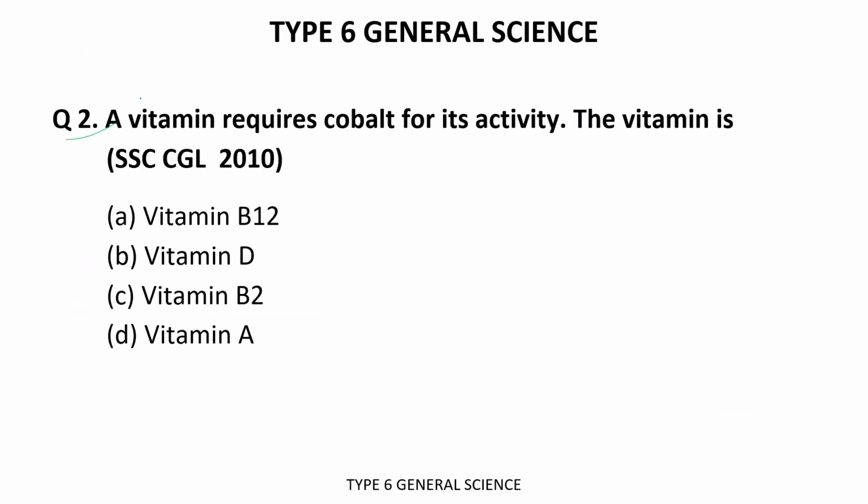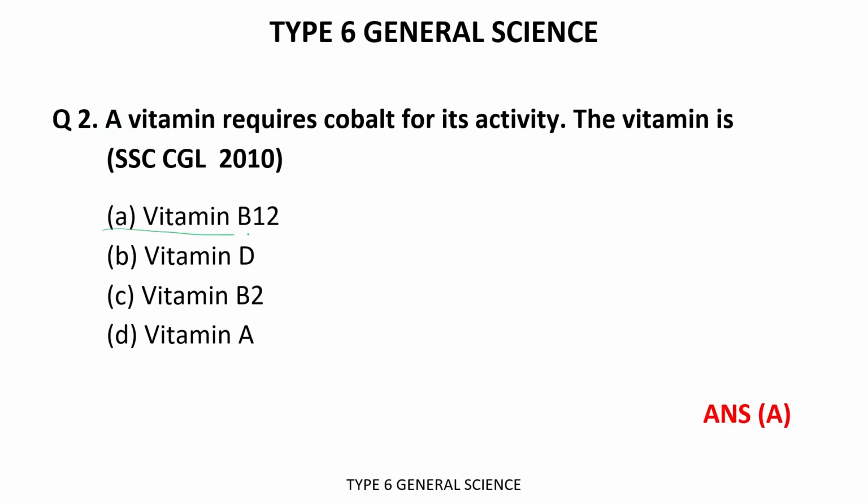Let's move forward. Now the second question we have: which vitamin requires cobalt for its activity? The vitamin is vitamin B12, D, B2, A. 20 seconds you have to think and answer. Time starts now. Time's up.